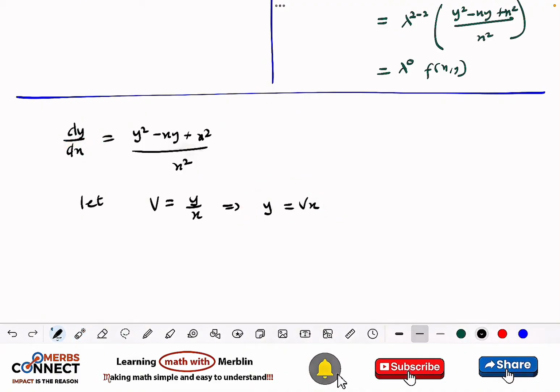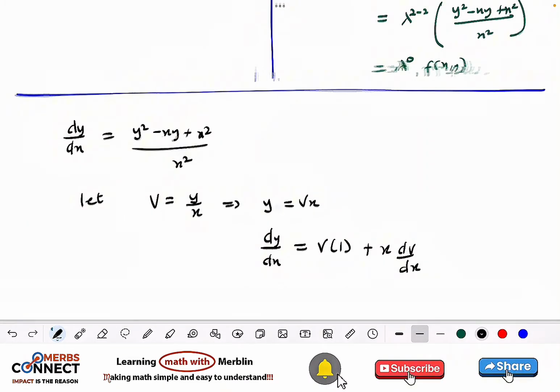So let's do that. Now dy over dx is equal to, now we are using the idea of the product rule. As I said, v is not constant. So when I maintain v, I differentiate x, I'm going to get 1 plus, now when I maintain x, I differentiate v with respect to x. So this is what I'm going to get.